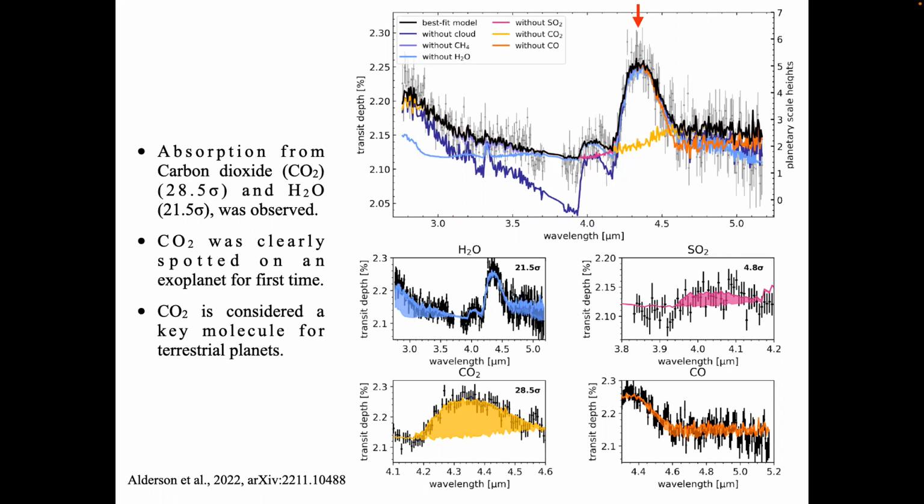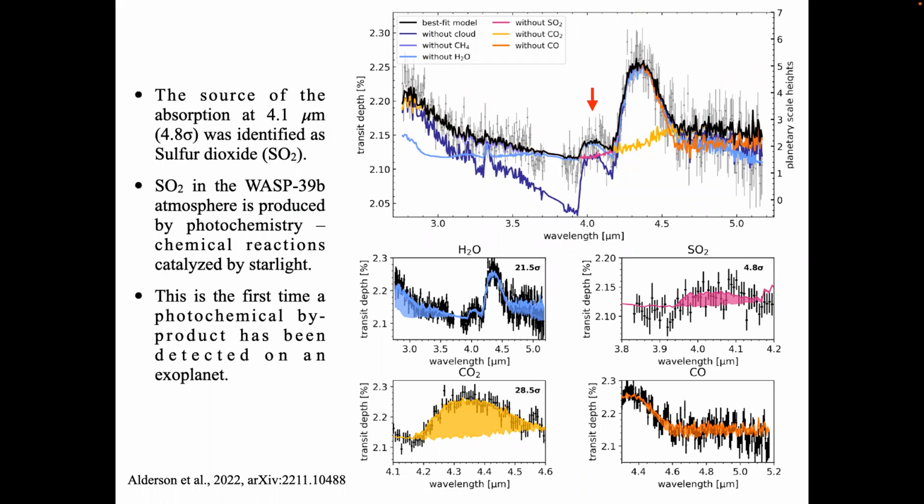You can see here this feature. We detected water as expected, and there is also a little bump here, which was later identified as sulfur dioxide. This is something that is produced by photochemistry.